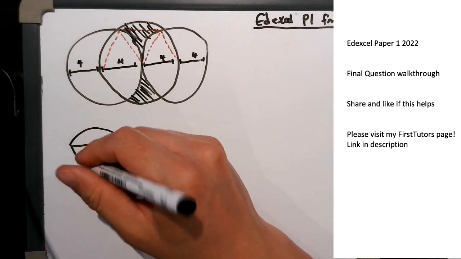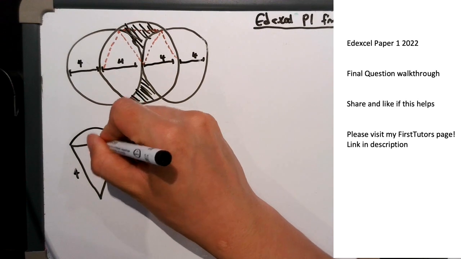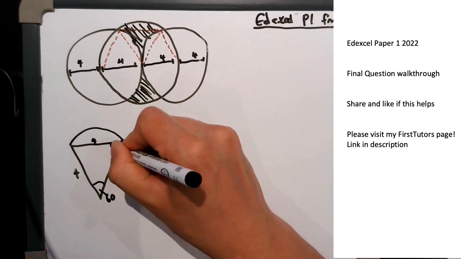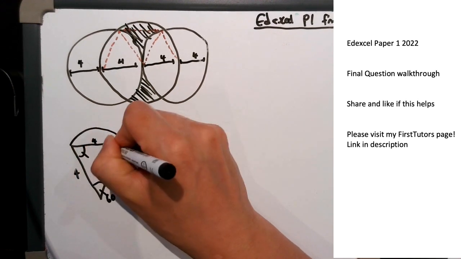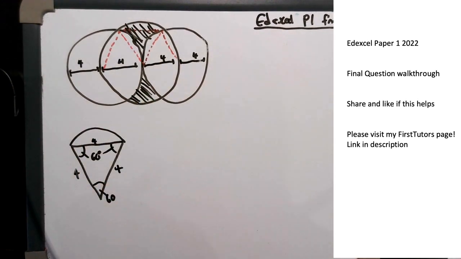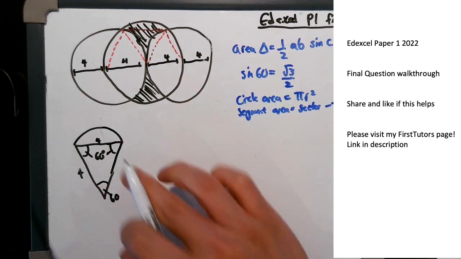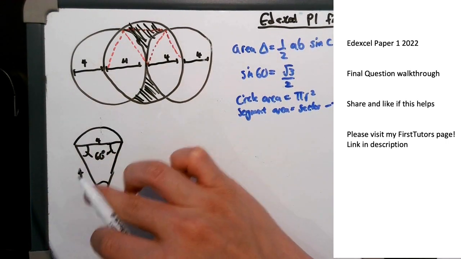I won't include the units yet. So these 3 are 4, but this is also 60 degrees, as are these two angles here. So I've laid out most of the prerequisite knowledge we need in blue, and we'll go through breaking down the areas of these two first.